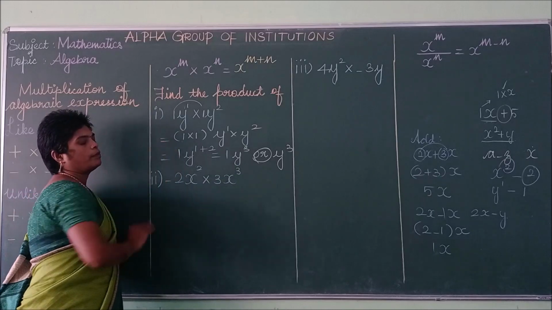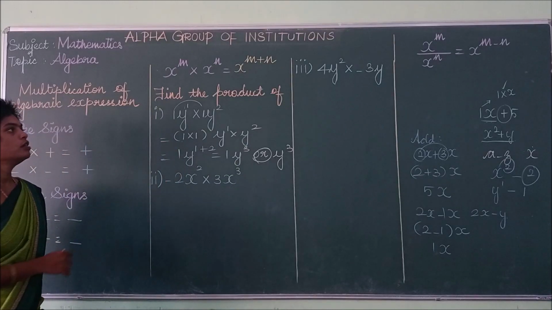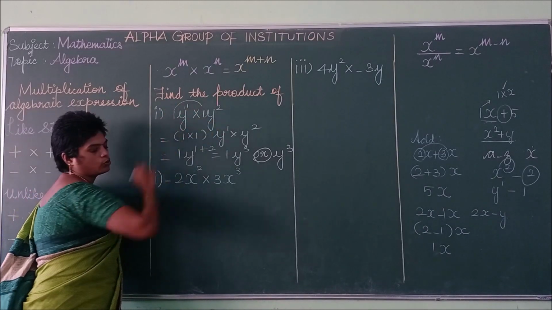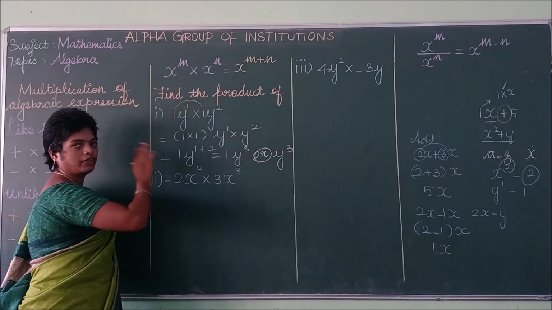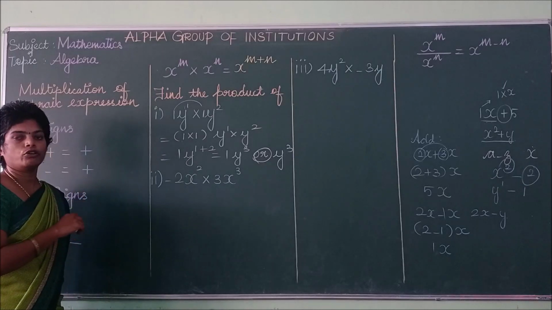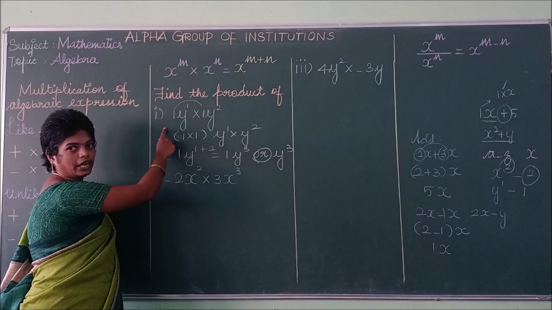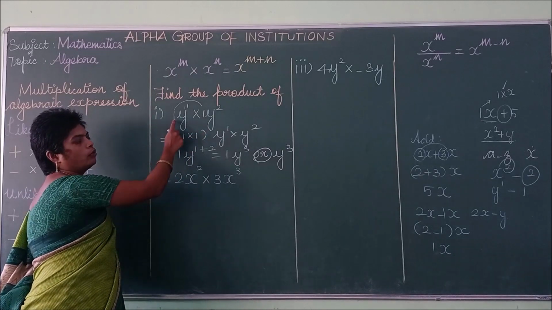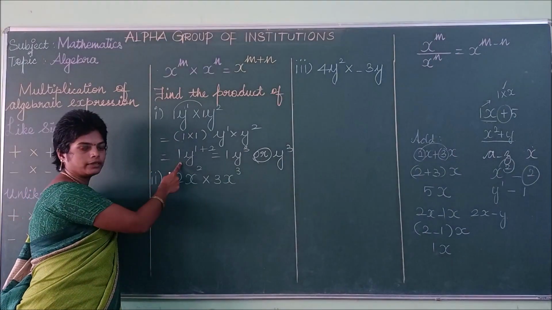Listen to this problem carefully, then only we can solve the other problems easily. Find the product of y into y squared. Only y is given in the question, so there is no power given in the question itself. You can take that as 1, and check the coefficients also. The coefficient is also nothing given, so you have to take the coefficient as 1 and also 1. 1 into 1 is again 1.